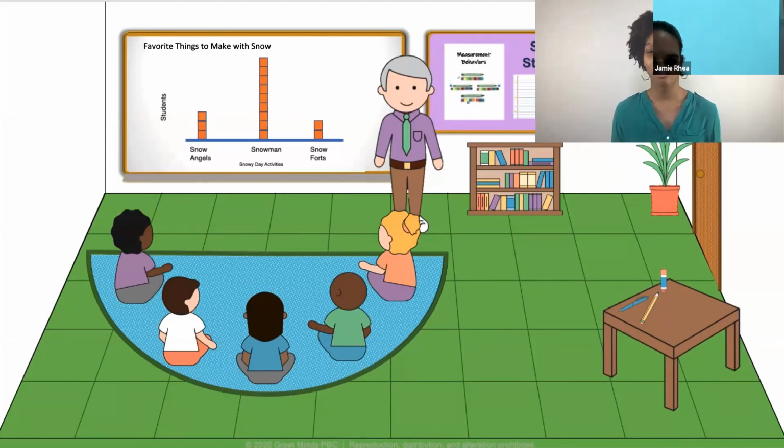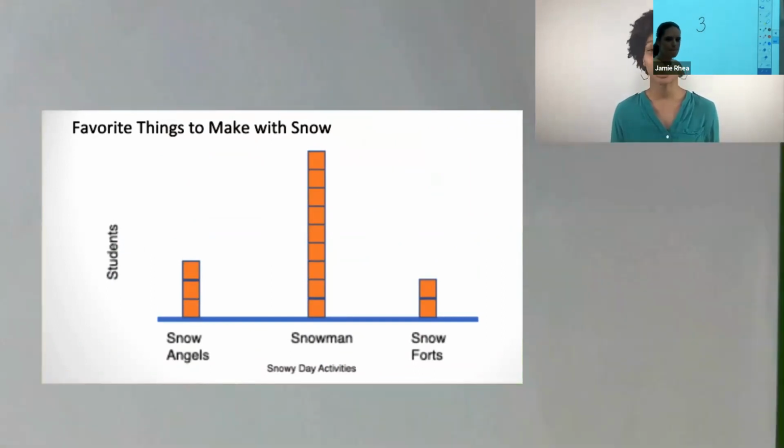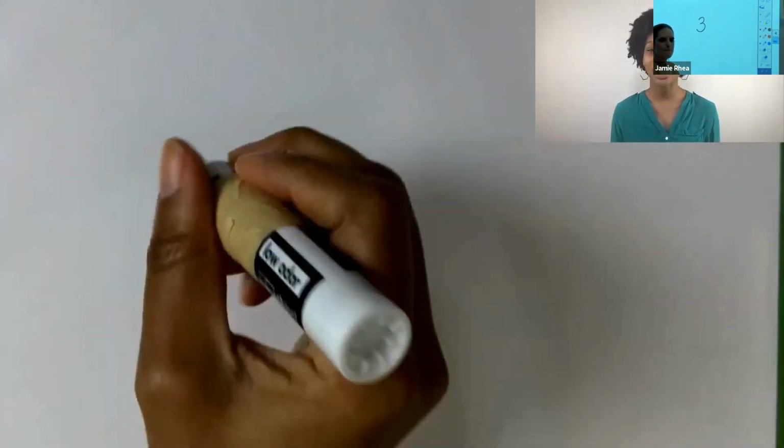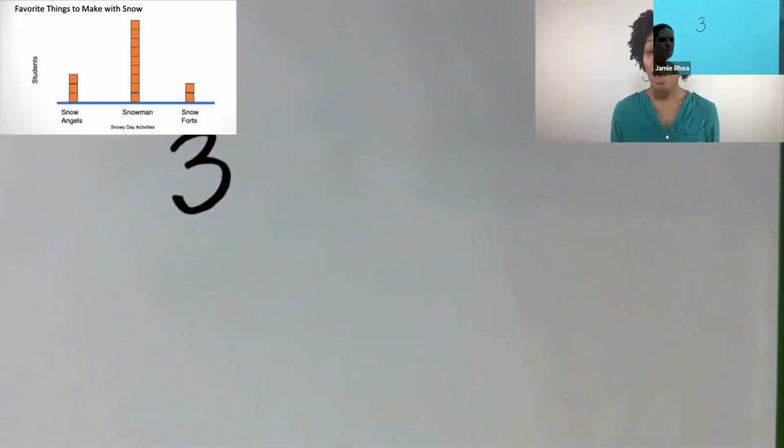Let's solve this problem together. How many children like making snow angels? 3. Show me on your fingers. 3 children. That's right, 3 children. I'm gonna write a 3 because that shows how many children like making snow angels. Now, how many children enjoy making a snowman?